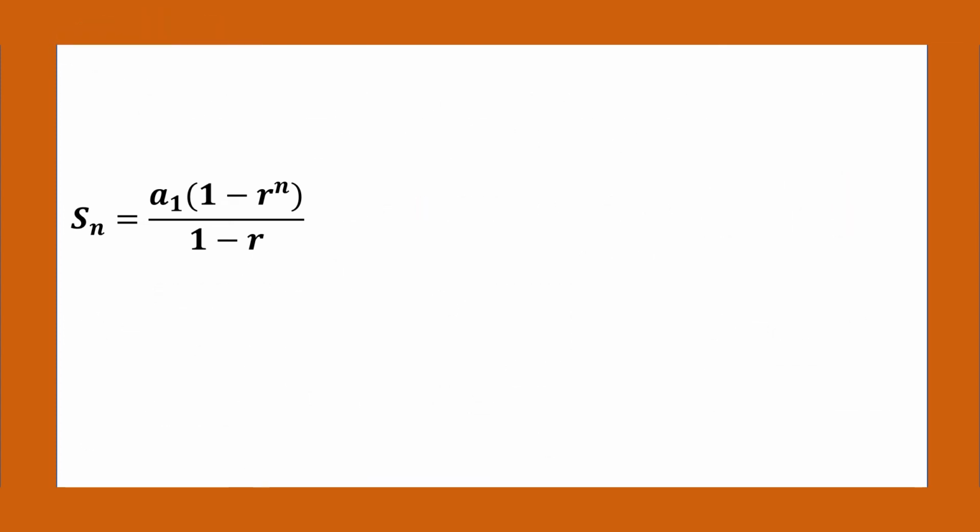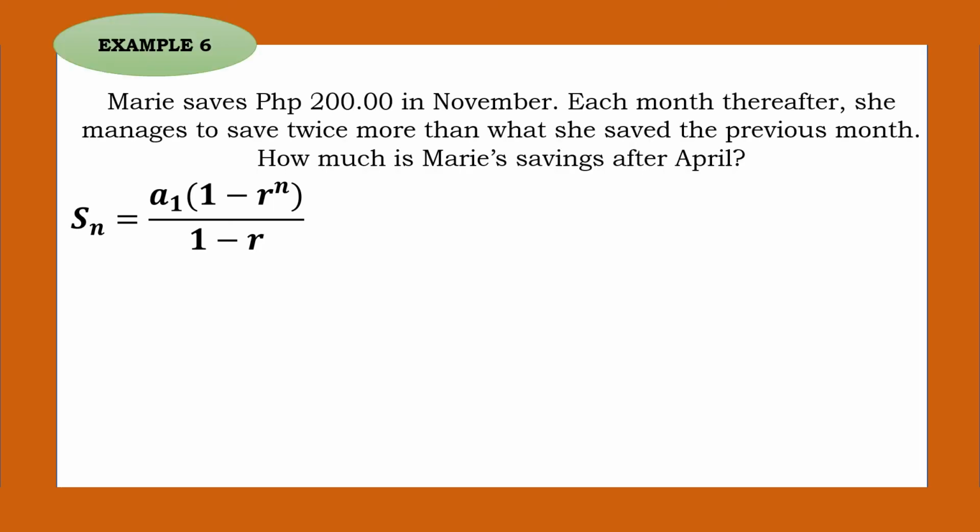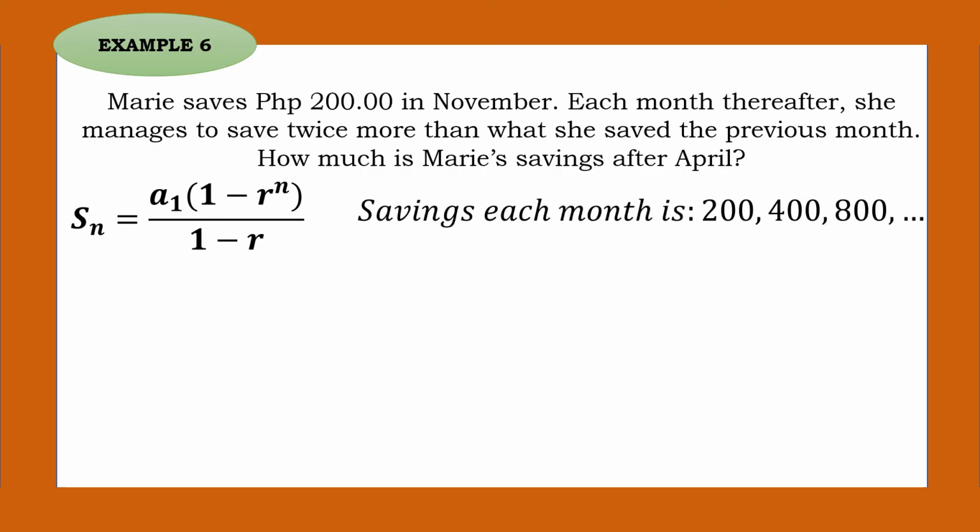Moving on with example number 6. Marie saves 200 pesos in November. Each month thereafter, she manages to save twice more than what she saved the previous month. How much is Marie's savings after April? So we have to take note that the amount saved each month is 200, 400, 800, and so on.